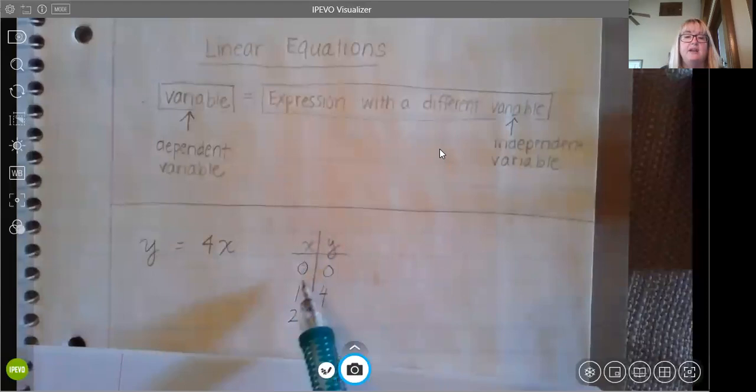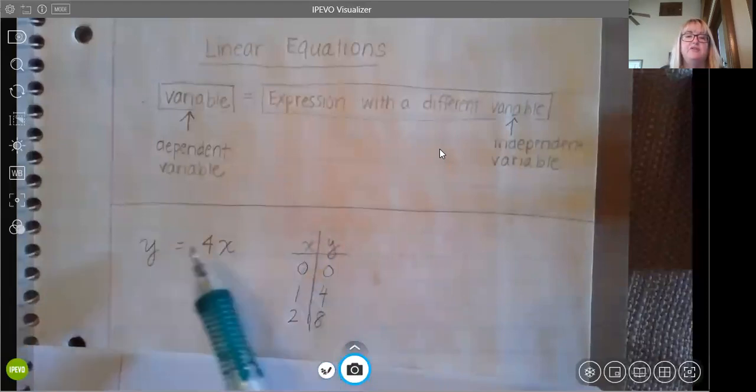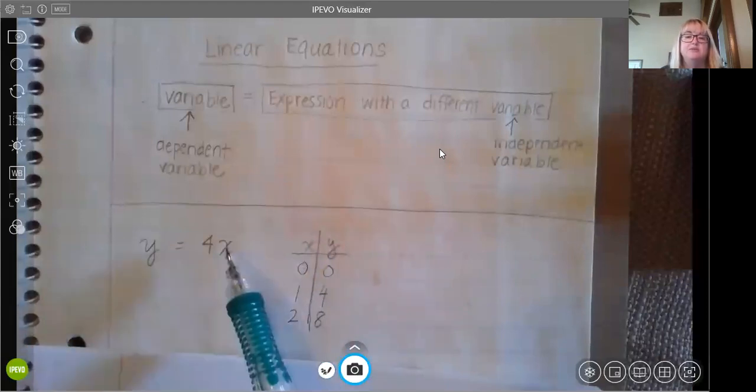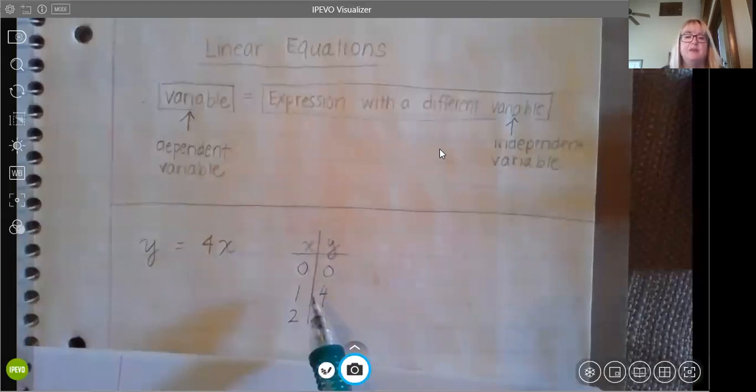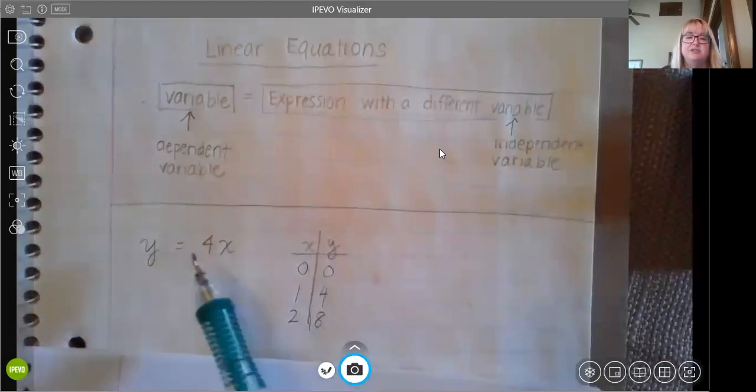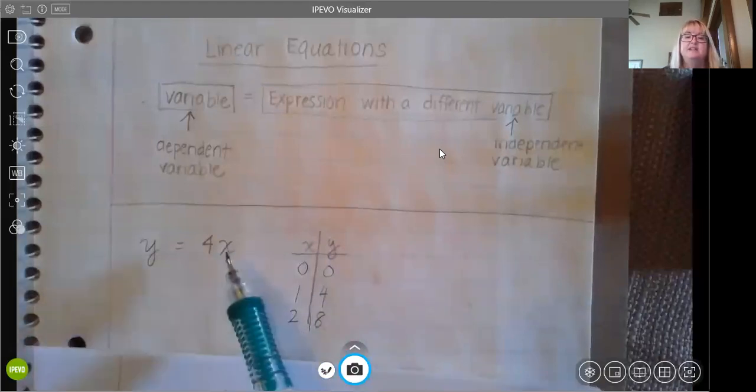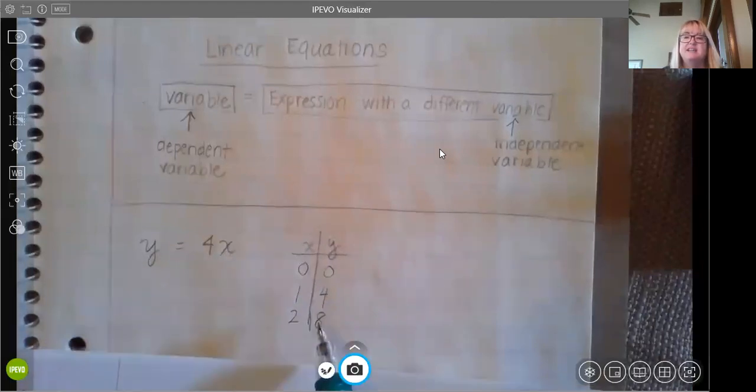When x is 1, y equals 4 times 1, which is 4. When x is 2, y equals 4 times 2, which is 8.